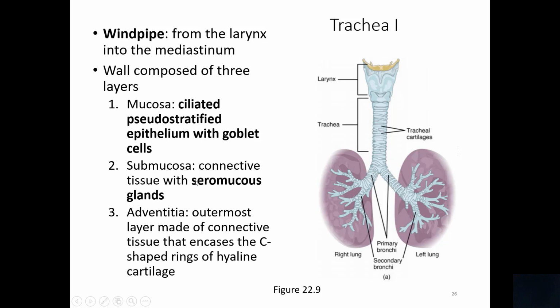Submucosa is the next layer of tracheal wall, and right there will be special seromucous glands. And finally, the outer layer of trachea, made of connective tissue with tracheal cartilages. Those cartilages are C-shaped.